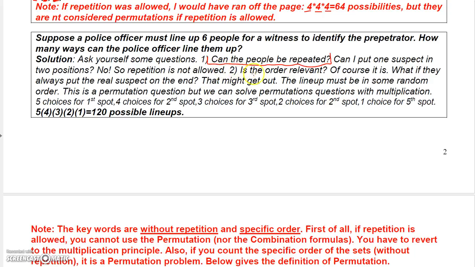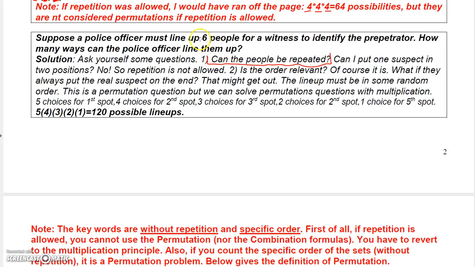Is the order relevant? Yeah, of course it is, because if you always put the criminal in, say, the 5th spot, then word might get out, and people would know that the criminal is always in the 5th spot. So obviously, it's got to be some sort of random alignment, so order matters.